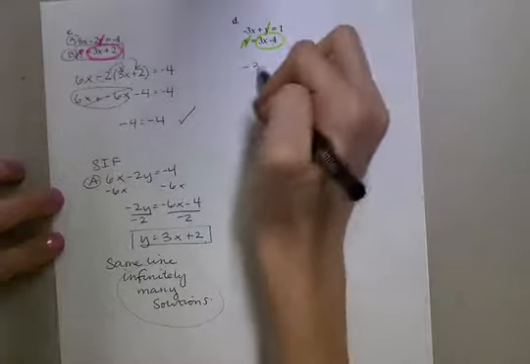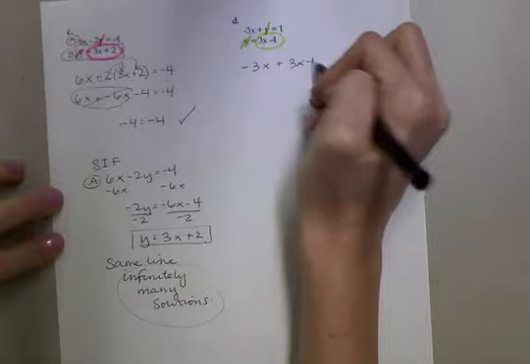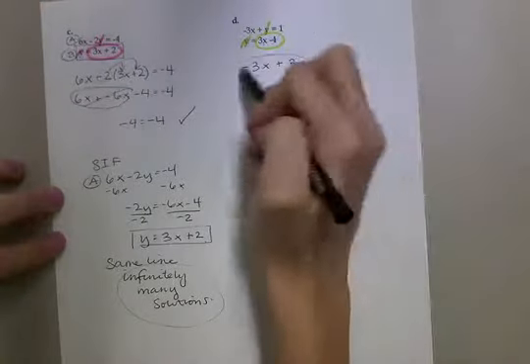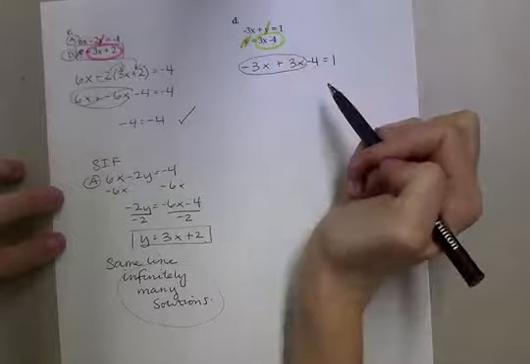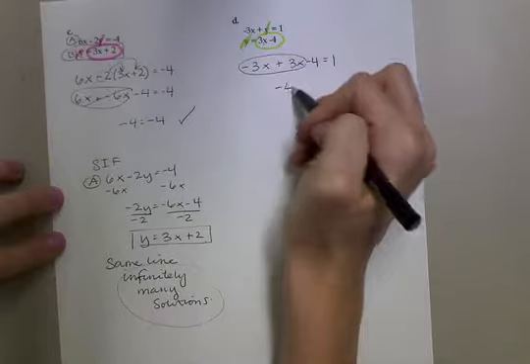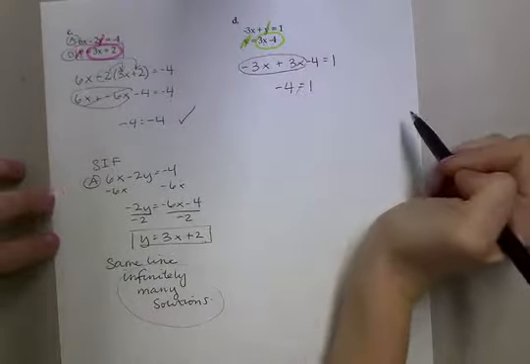So from our first equation, negative 3x plus, well, our y is equal to 3x minus 4. We can substitute that in. Let's simplify. Well, I see like terms, negative 3x plus 3x is 0, so you end up with negative 4 equals 1. Now that is not a true statement.